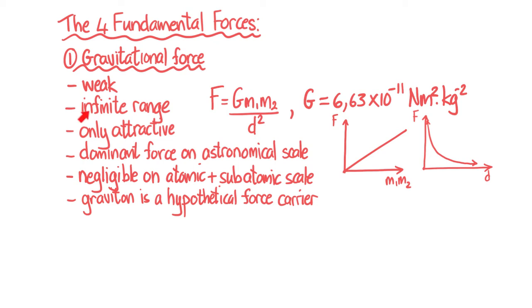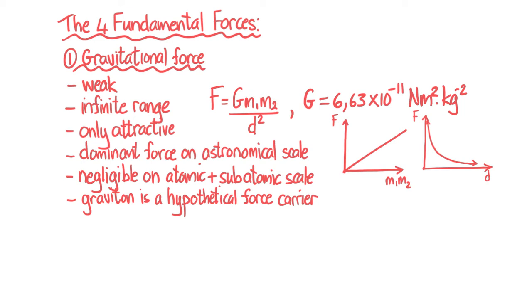So the gravitational force has an infinite range, which would then imply that the graviton, which is a proposed virtual boson for the gravitational force, would have a zero mass. If it has an infinite range, then it has a zero rest mass.